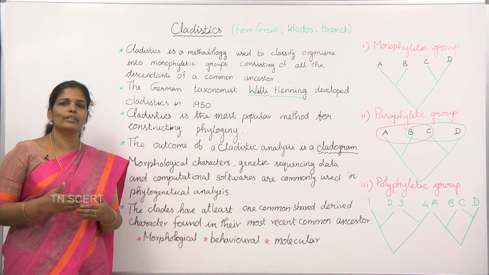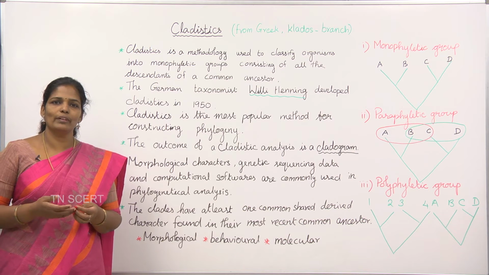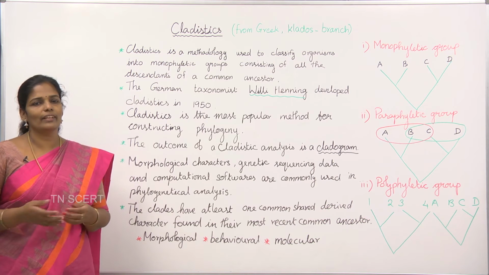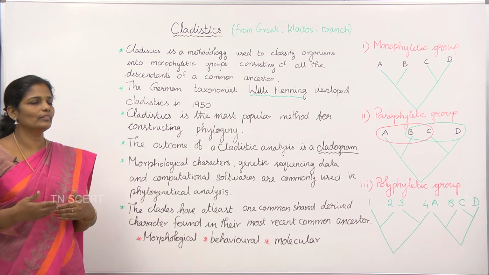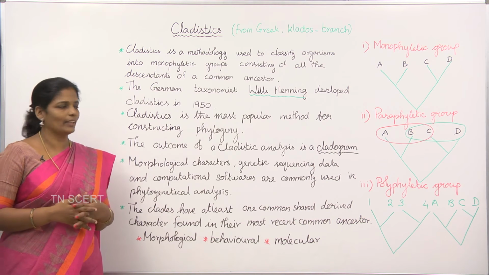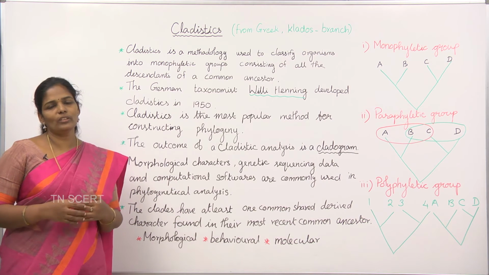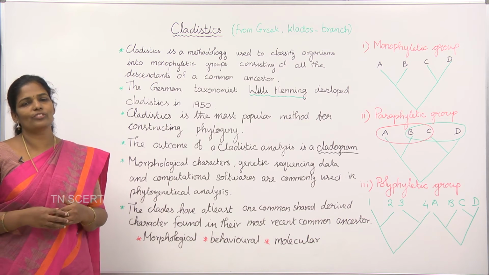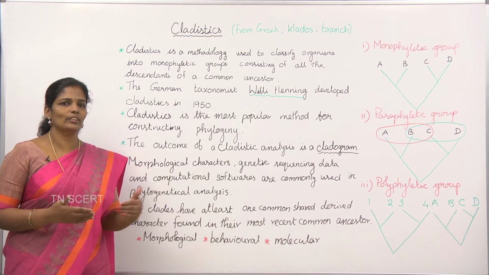Behavioral character, for example, opening of flowers: some flowers may open during daytime, isn't it, whereas some may bloom during night time. So, that comes under the behavioral characters. And also molecular, which means mainly based on the structure of amino acids or proteins or DNA sequences present in them, all those things.